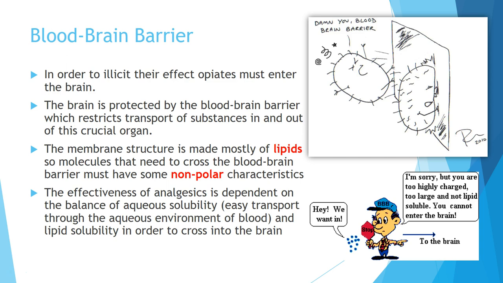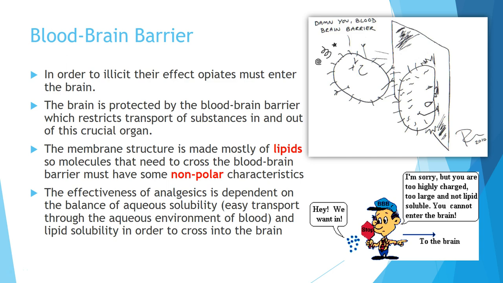Okay, so the effectiveness of strong analgesics is basically going to be dependent on the balance of aqueous solubility to be carried around in our blood, and that lipid solubility in order to be able to cross into the brain and get across the blood-brain barrier.